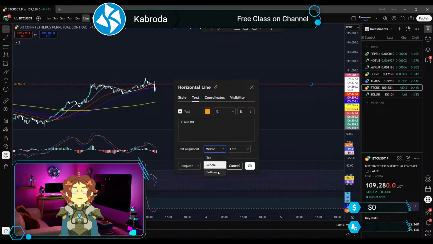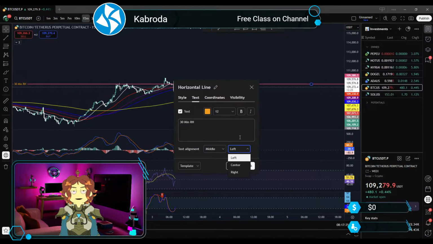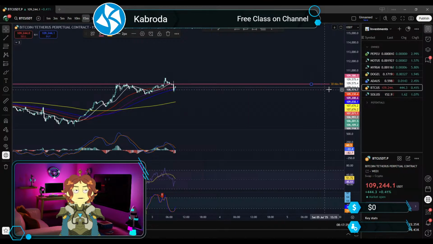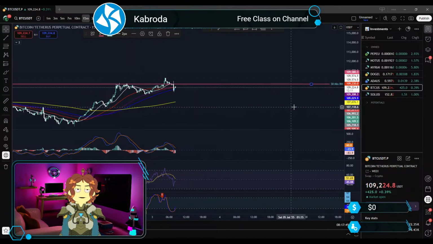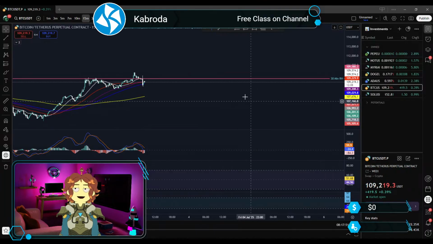You could change it to the top, the middle, or the bottom, and then if you want it left or right, or right in the center. I prefer mine to be right normally, so we'll put it on the right. You can also change the color of it from right here, and you can also do it from in the settings too. But right here makes it easy, so we'll make it blue.